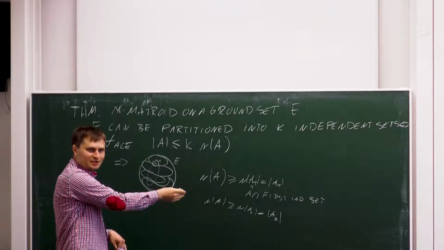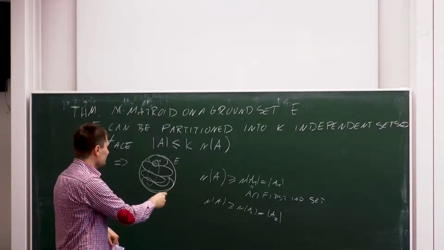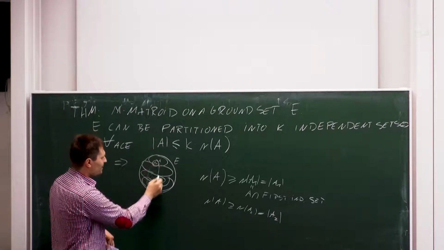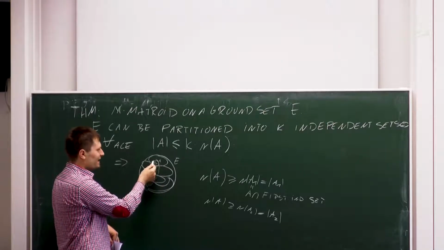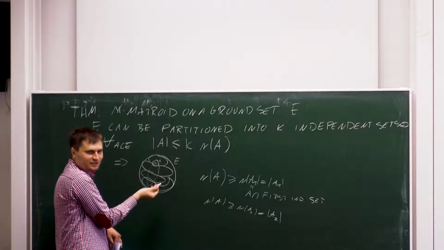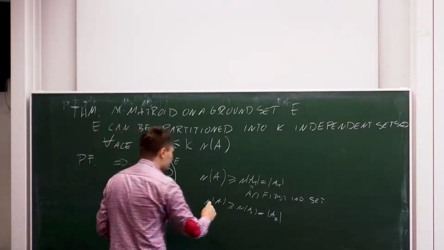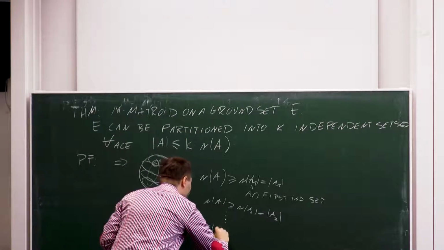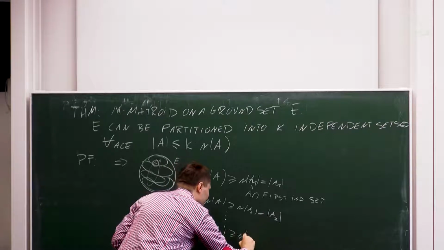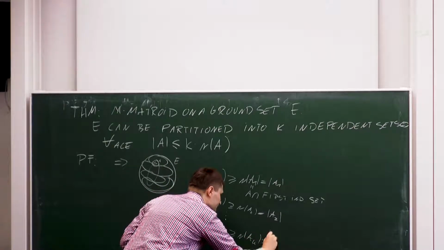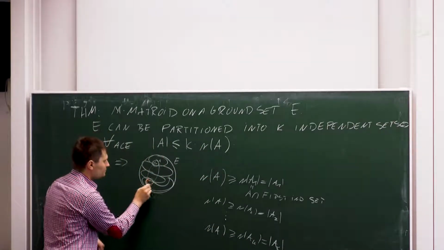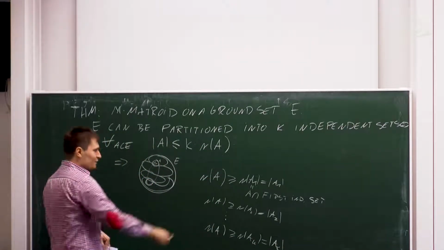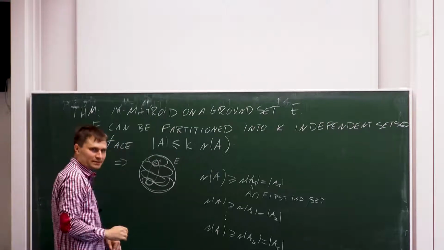Maybe a question? Some people are nodding, but not everyone. Clearly, the rank of A, which is the cardinality of the largest independent set inside A, has to be greater than or equal to the cardinality of this. And we go on until we have the rank of the last set. And we sum up these inequalities.